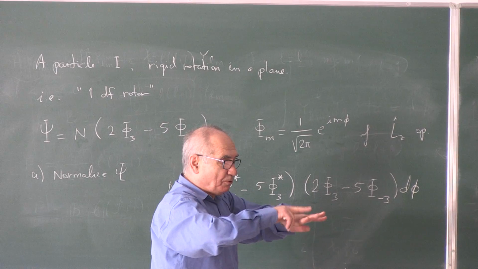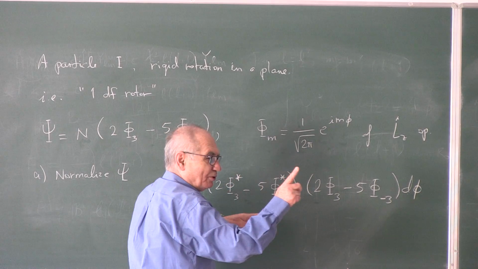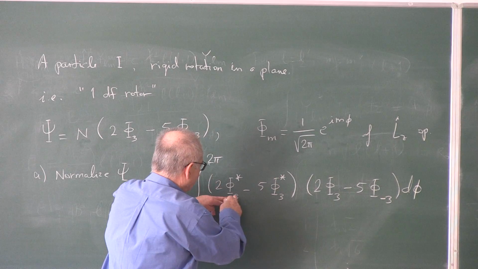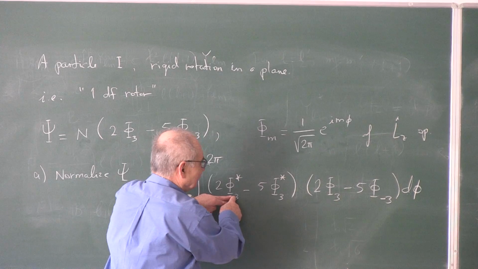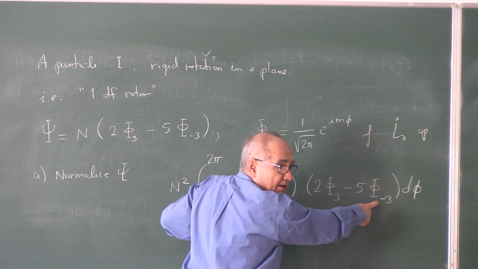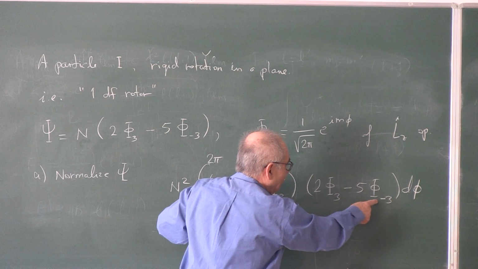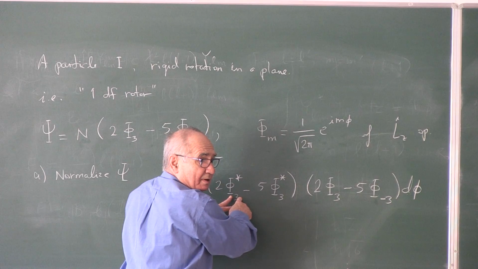Now, for the 4 integrals, let us first eliminate the following. One of the 4 terms will be by multiplying this function with that function. And it's an integral. But this function is different from that function.